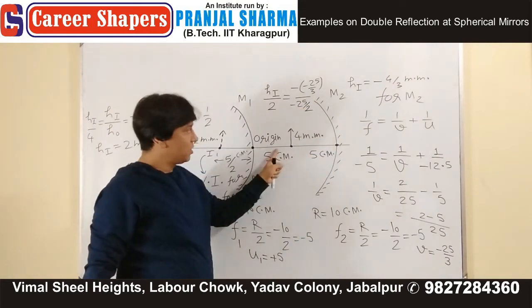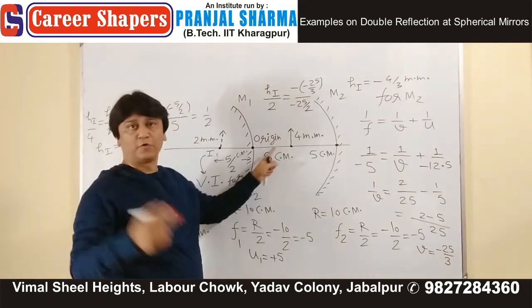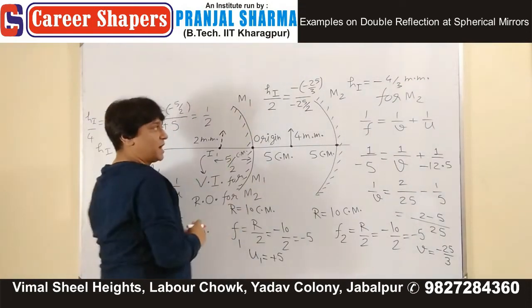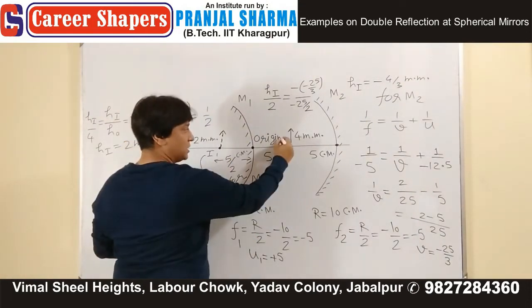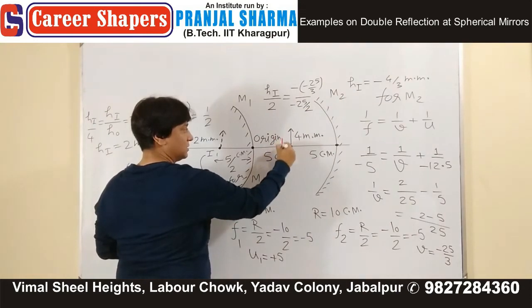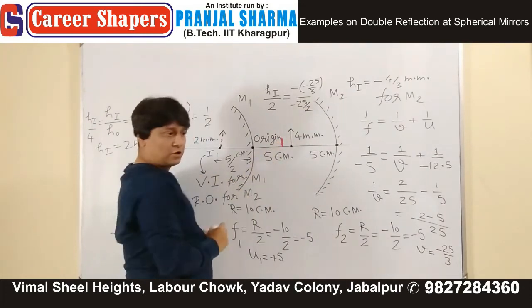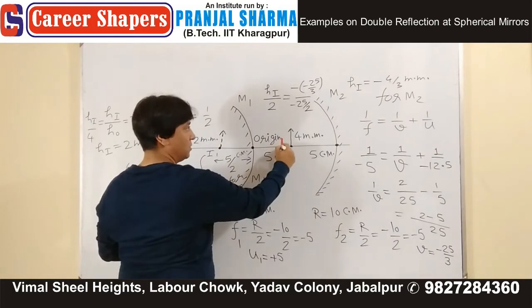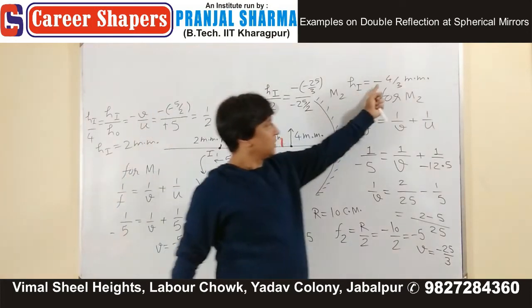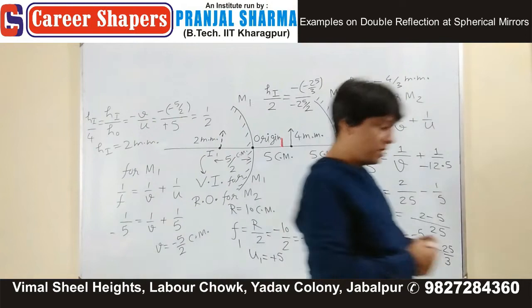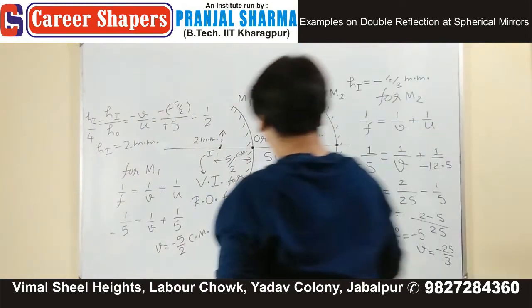So your final image lies in front of M1 and therefore is real. And the size is coming 4 by 3. This is shown with red arrow. Now look at the negative sign. It's an inverted image.